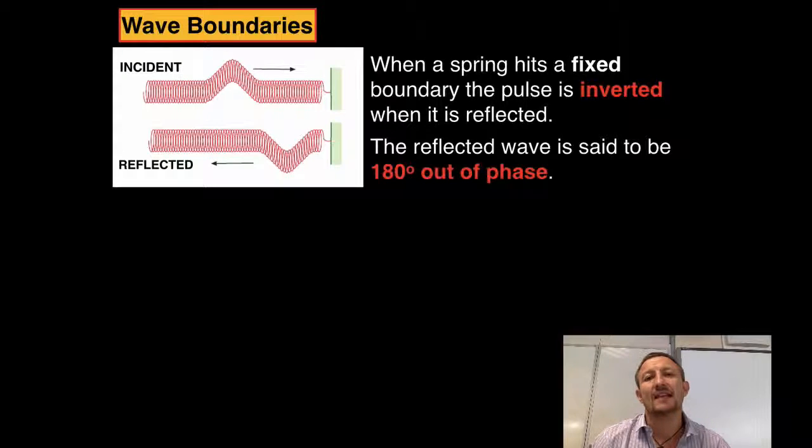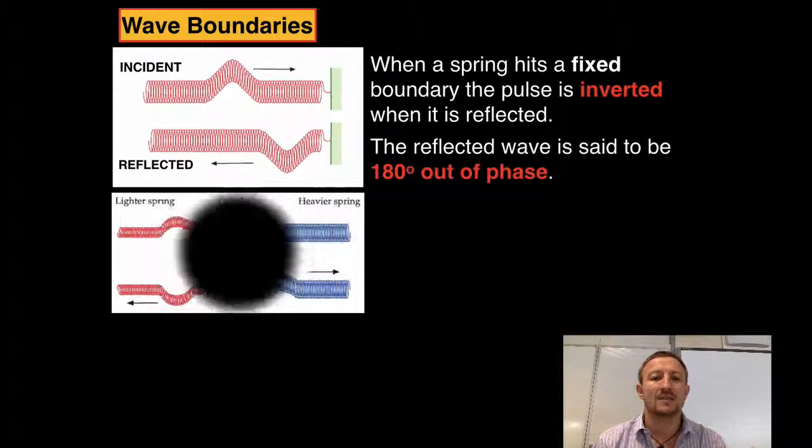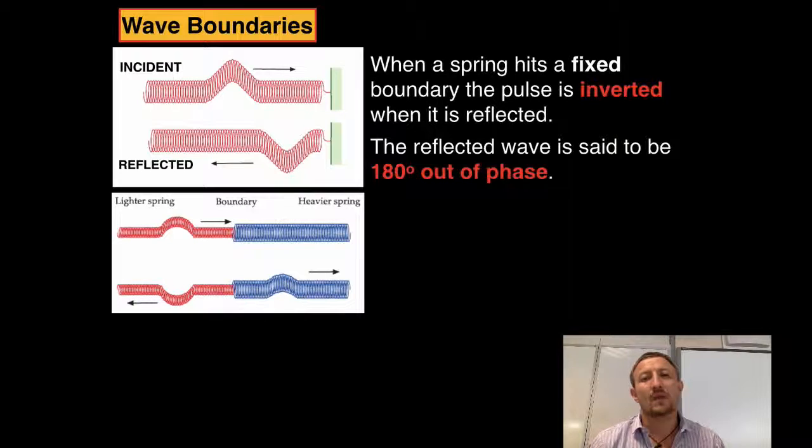Now the question is, what happens if it hits an object which is not immovable? It actually has some fluidity with it. In this situation, we've got one type of spring going into another type of spring. In this case, we've got a light spring going into a heavier spring.